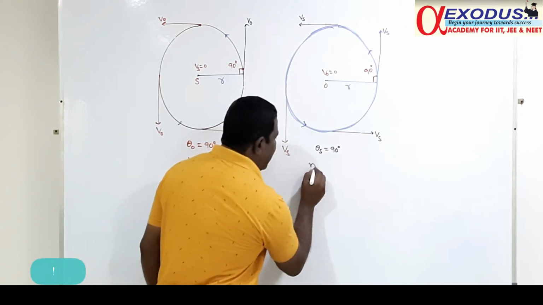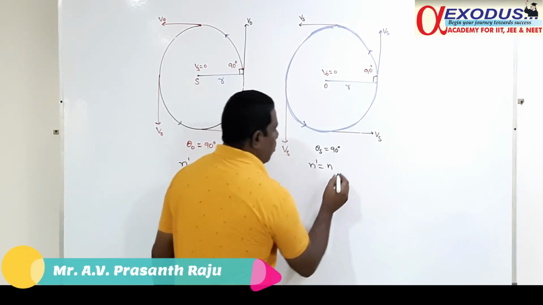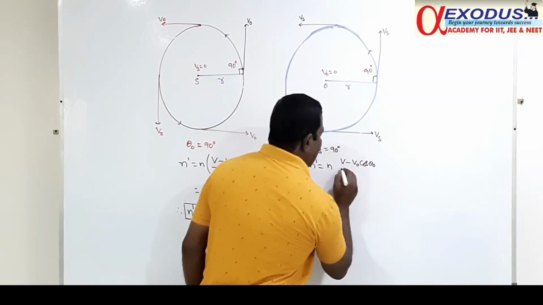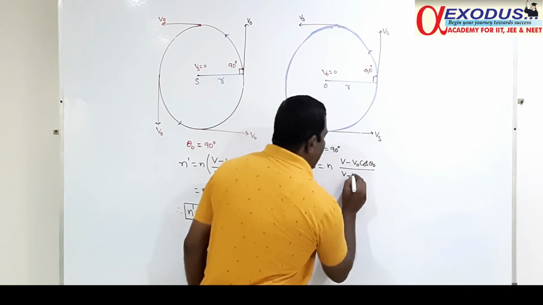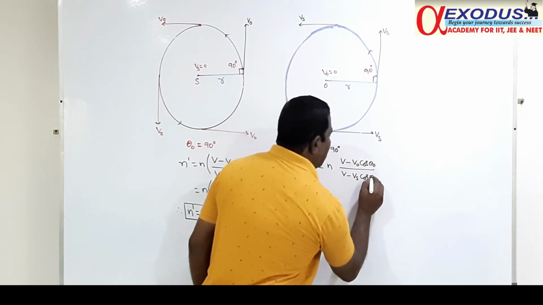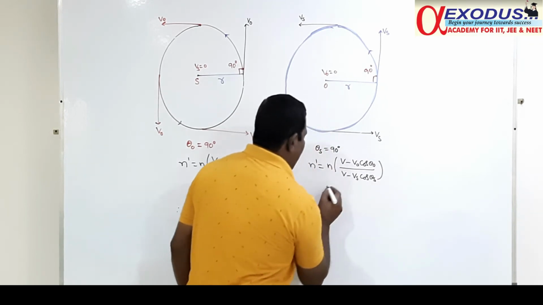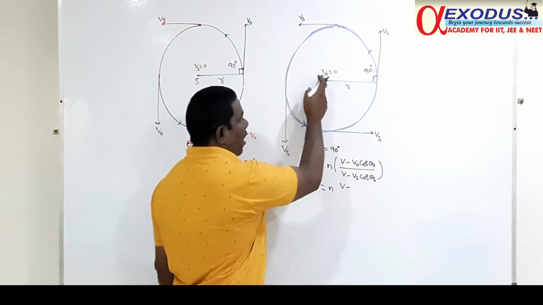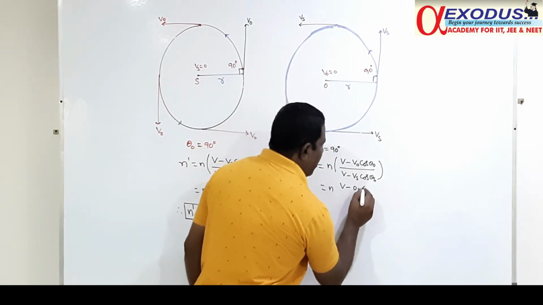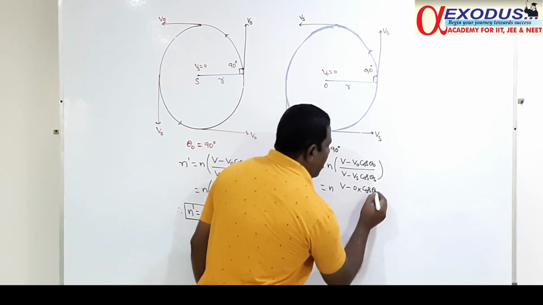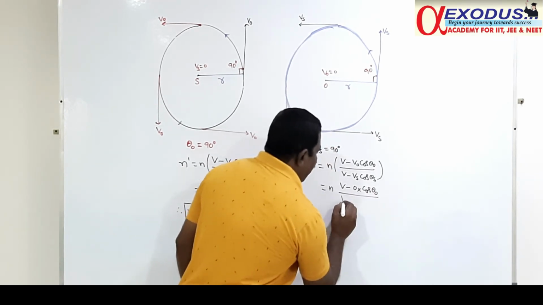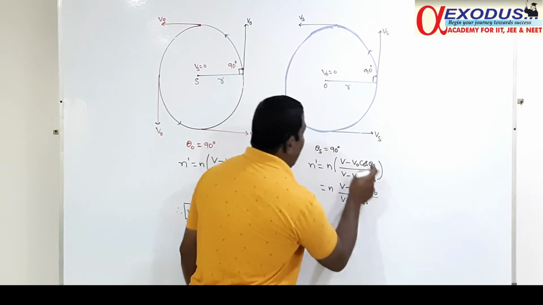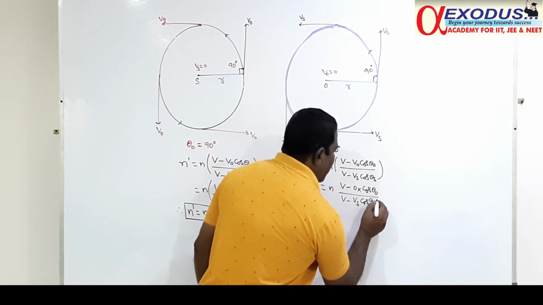Then the apparent frequency n dash is equal to n into (v minus v naught cos theta naught) divided by (v minus Vs cos theta s), that is equal to n into (v minus v naught, the observer is at rest, so 0 into cos theta naught) divided by (v minus Vs cos theta s, where theta s is 90 degrees).